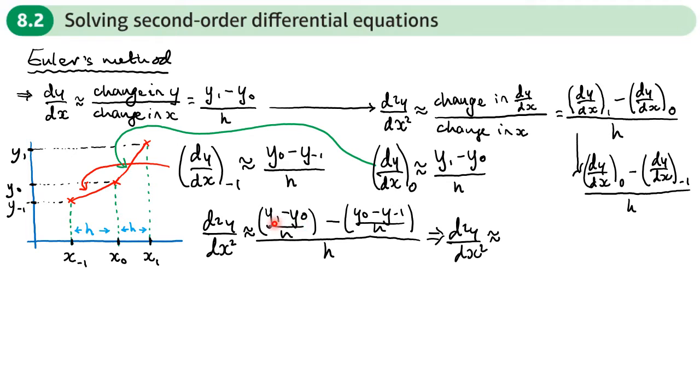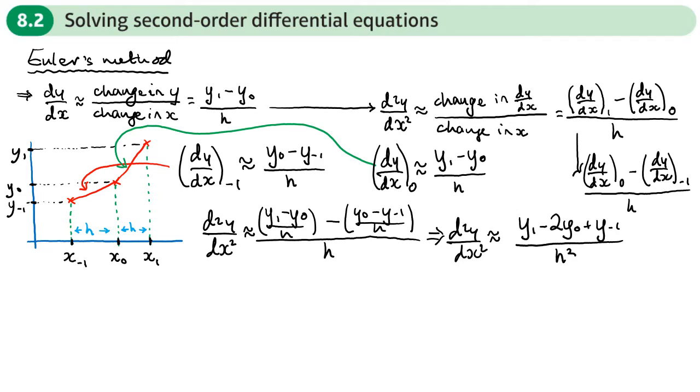I will have a y1, then negative 2 lots of y0, and then plus a y minus 1. So we'll put that down all over h squared. So that will become y1 minus 2y0 plus y minus 1 all over h squared.